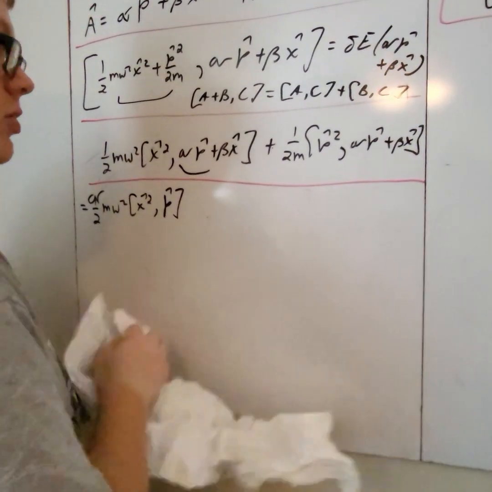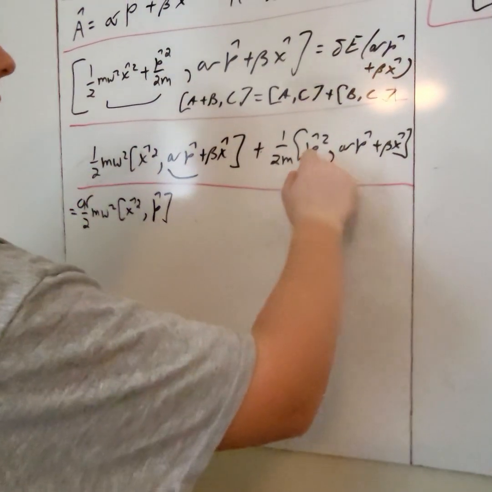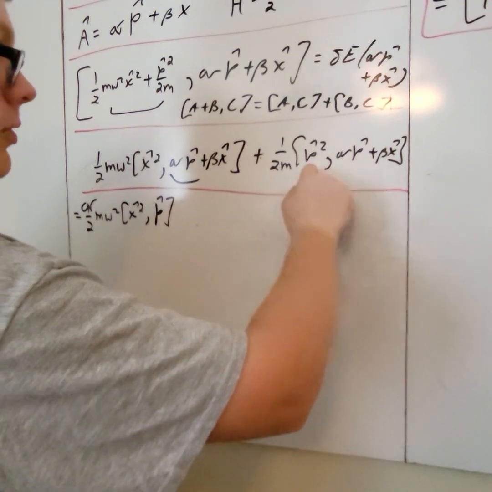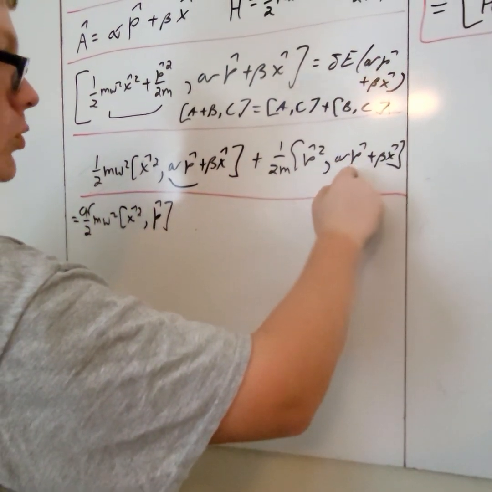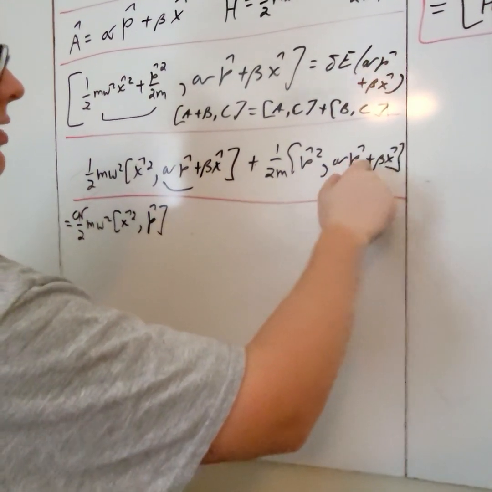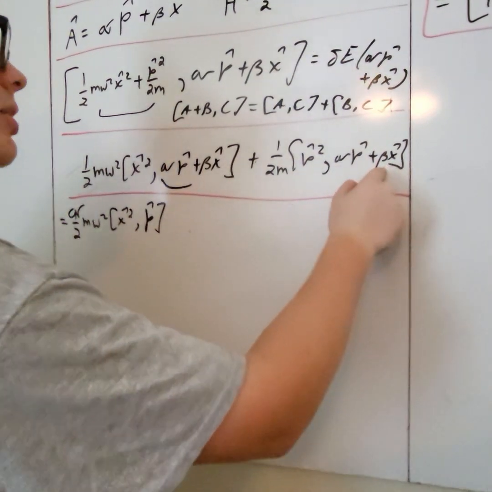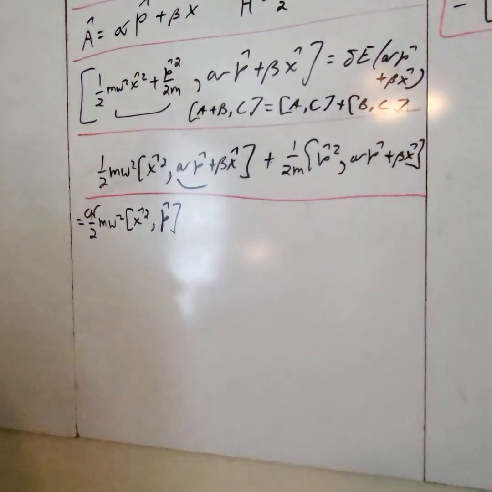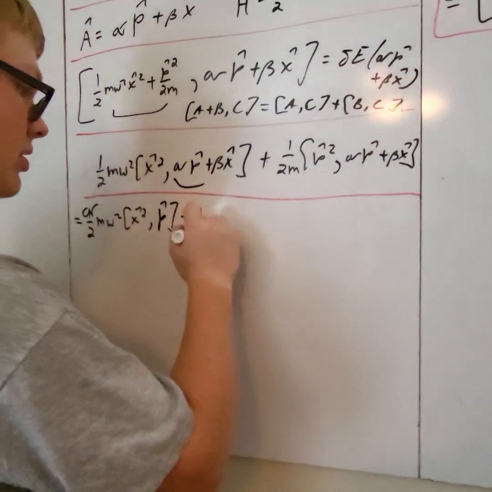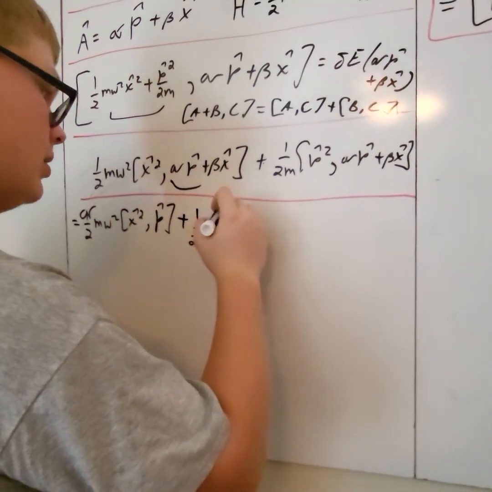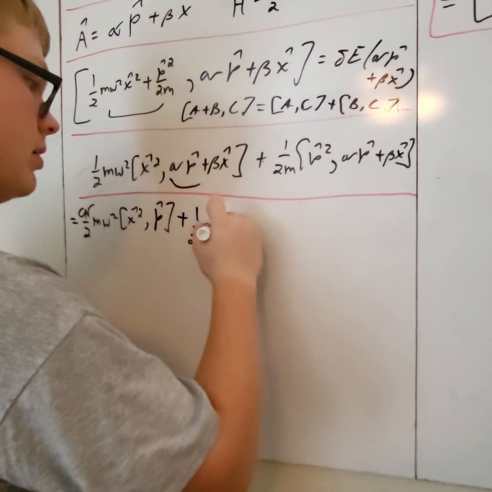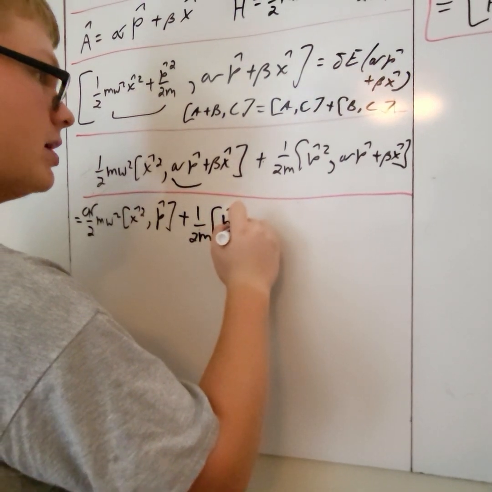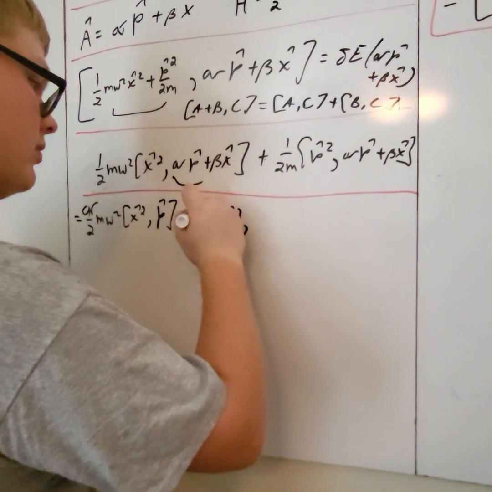And similarly with this part, the momentum operator with the momentum operator, that term will cancel and you're left with just the momentum operator and the position operator term. So we're going to write this out, momentum operator squared, and pull out the factor of beta.